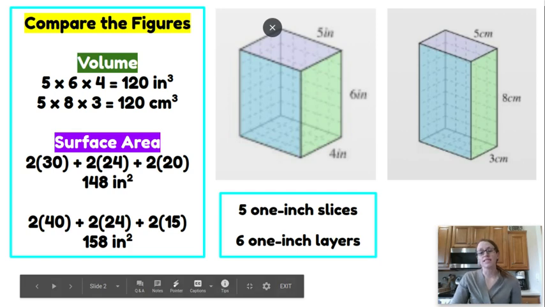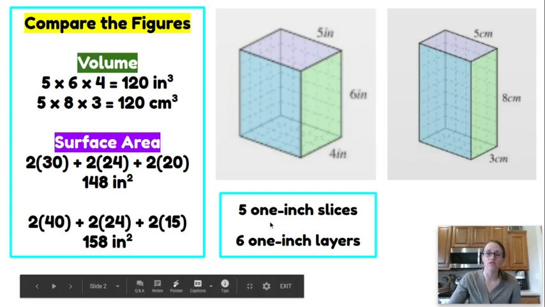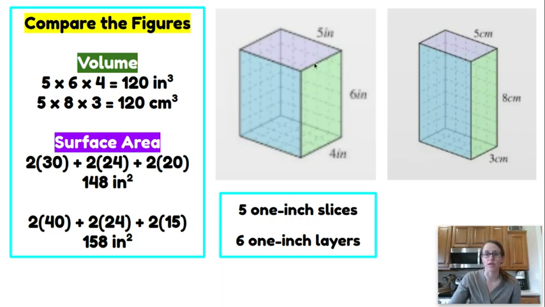When I look at this and I think about all of my layers, the important thing is there are 1-inch layers in my first one. I have 5 1-inch layers going back. Or I could think about I have 6 1-inch layers going up.